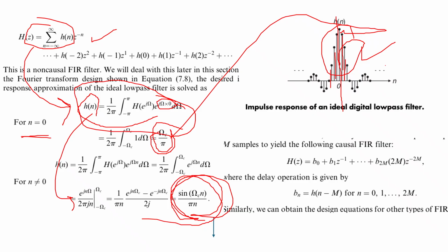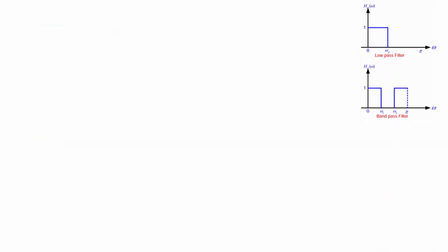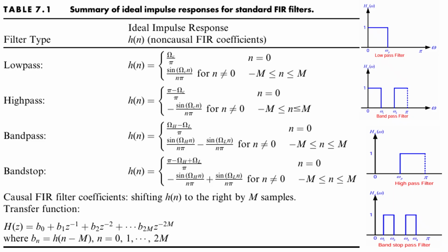So finally you can conclude, for the low pass filter, h(n) is equal to omega c divided by pi for n equal to 0, and the sinc function if n is not equal to 0, just as we saw.